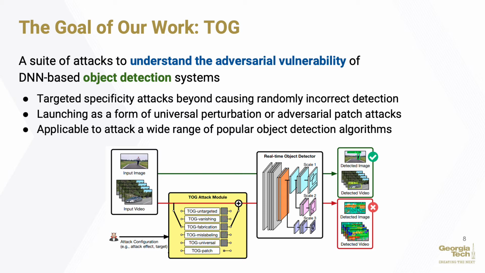TOG can also be launched as universal perturbation attacks, which are highly efficient and can be done in real time, or adversarial patches, a form of physical attacks with confined visual distortion. Finally, different from existing attack techniques, TOG attacks are designed to be applicable to a wide range of popular detectors, as we do not leverage some specific structures that only exist in some object detection algorithms.